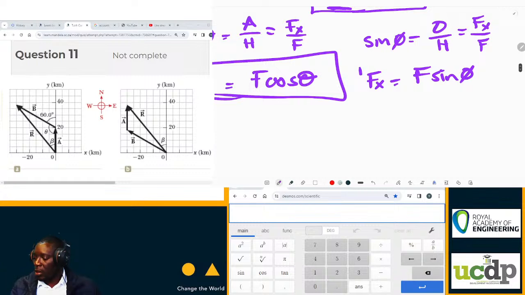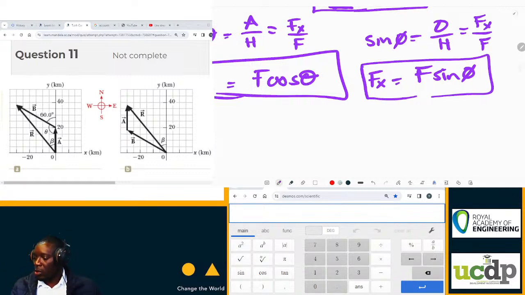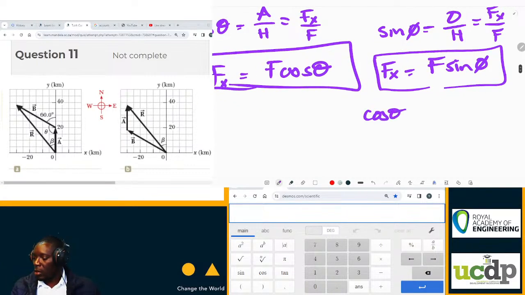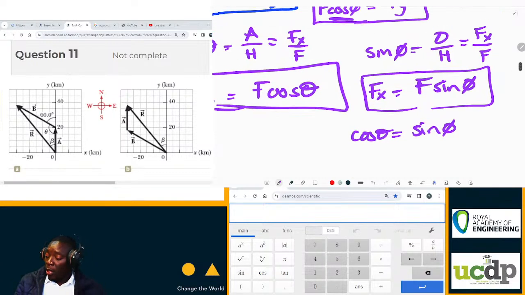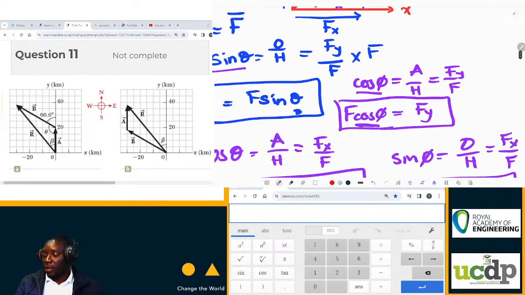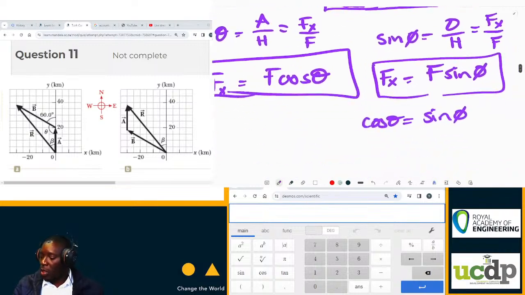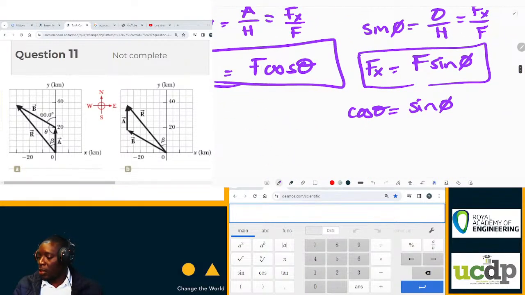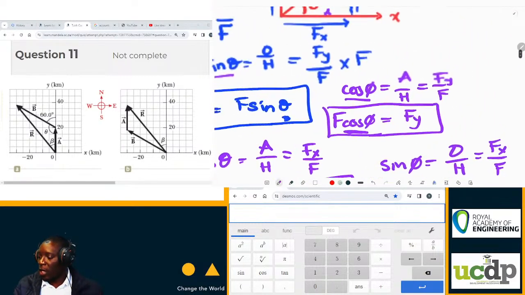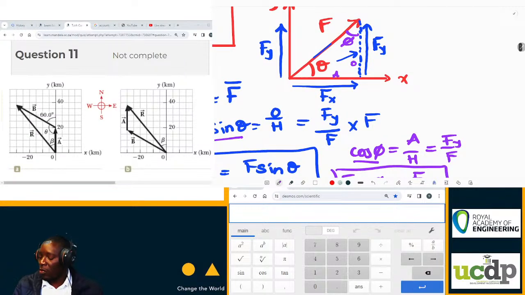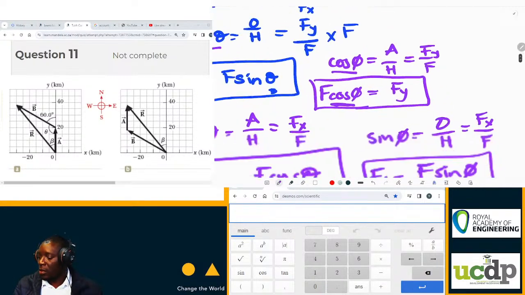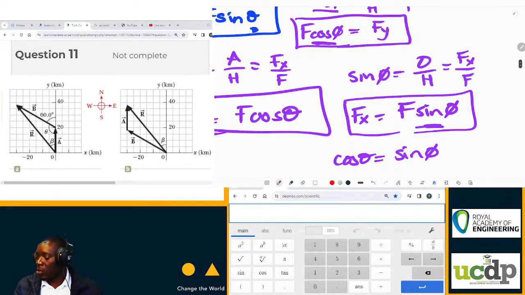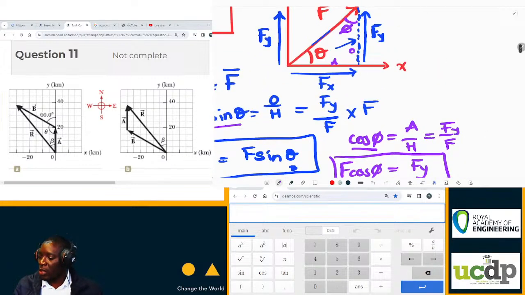That means, in other words, your cos theta equals sine phi. You know this from your triangles and your geometry, right? So anyway, in this case, you can see that your Fx in terms of the angle there, which is phi, is no longer a cos component, because the angle being considered is with the vertical and not with the horizontal.